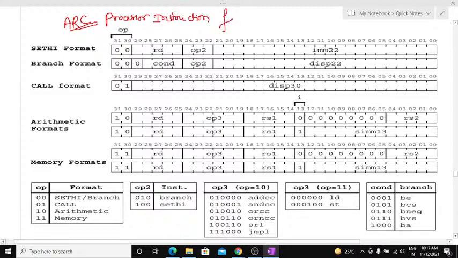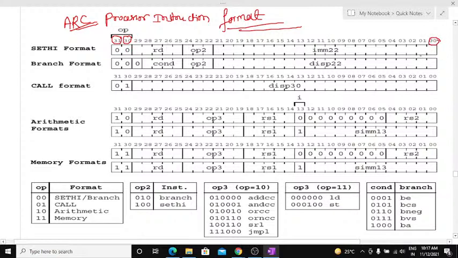Here you can see the bit positions: this is the 31st, 30th, and so on, from 00 to 31.